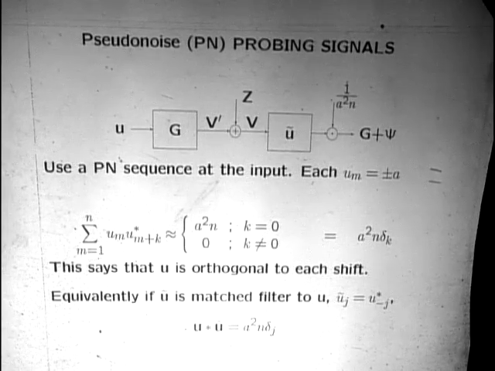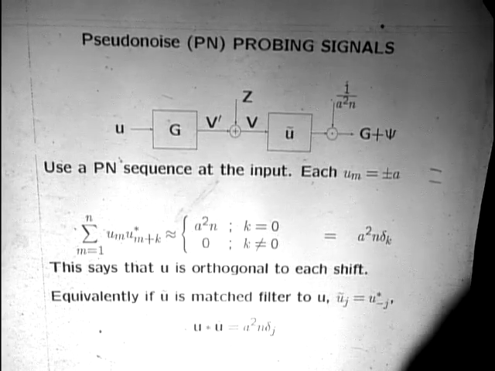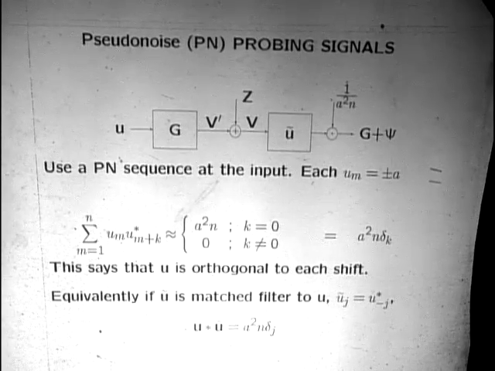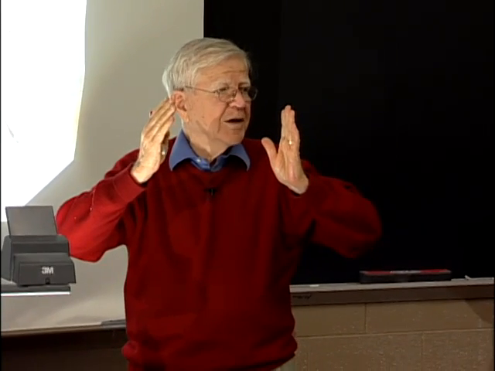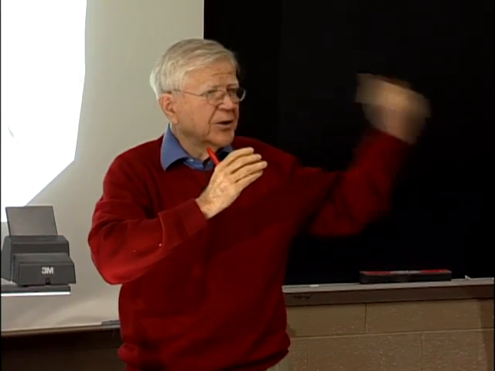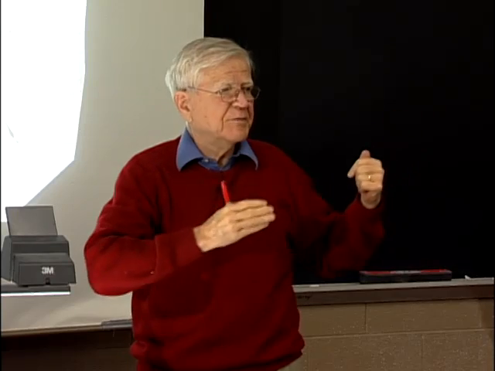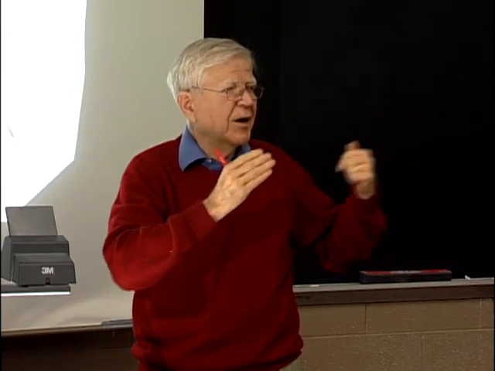Let me caution you about something, because you can get very confused with this picture. As soon as I take this input, u1 up to u sub n, this matched filter is going to start responding at time minus n, and it's going to finish responding at time minus 1.